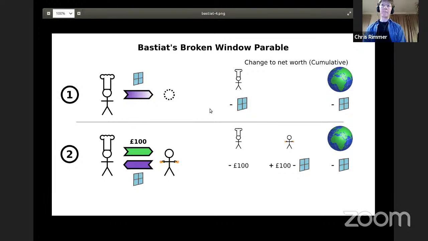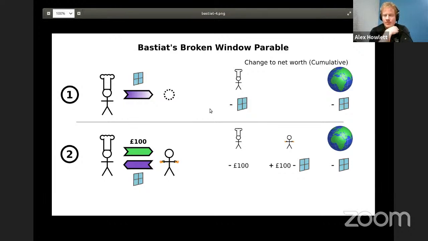So the glazier probably will make another window, but the glazier could have put in that effort anyway, made another window, had two windows, and then sold them to two other people.